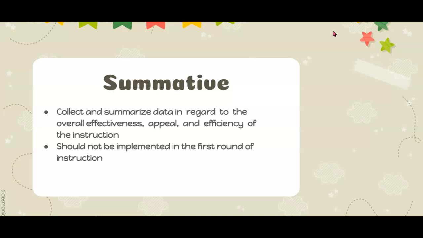And then Smith and Ragan say the summative evaluation should not be implemented in the first round of instruction. That is their suggestion, because they feel as if usually in the first round of instruction, teachers and trainers are usually learning how to implement the instruction. And so we're learning along with the students.